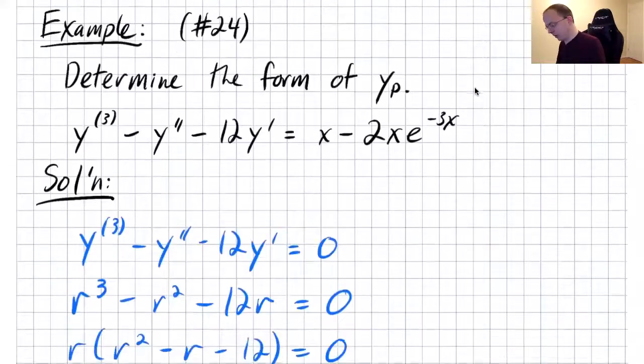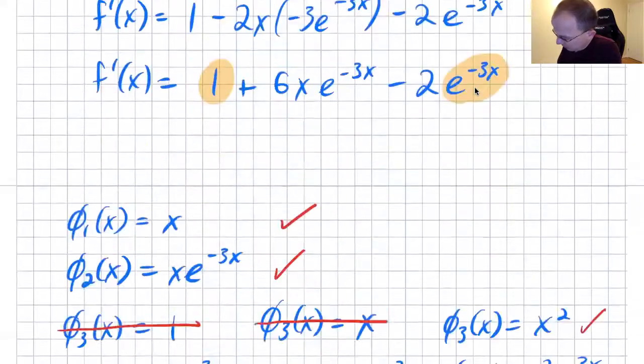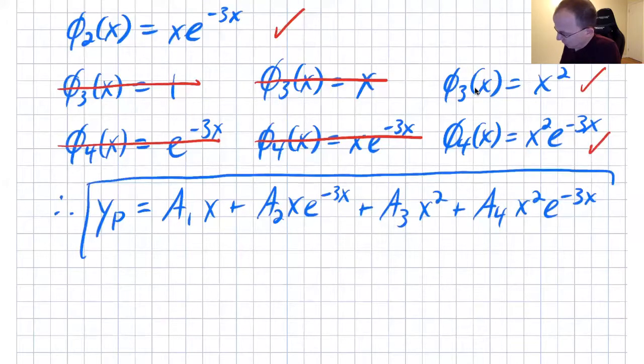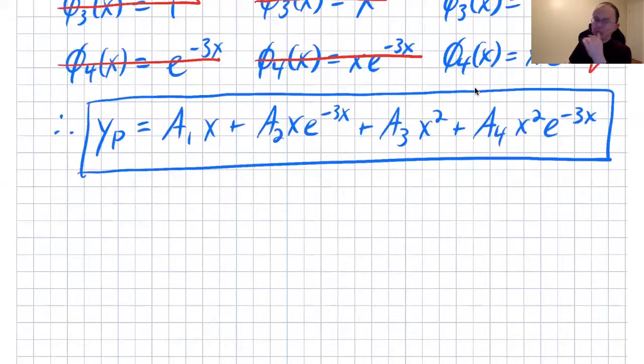Okay, so actually we're done at this point because it just wants us to determine the form of yp. And so there is the form of yp that we're after. Now, if we wanted to actually determine these 4 coefficients, we could, but it would be a lot of work.